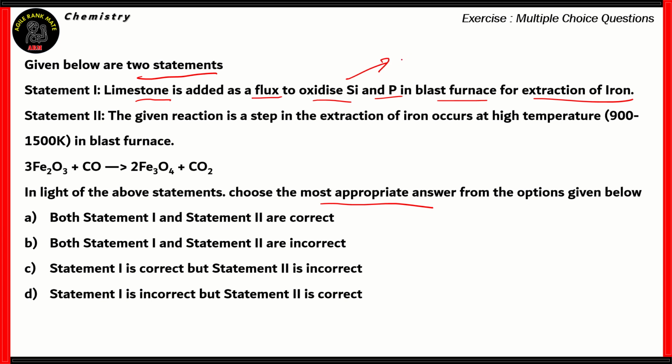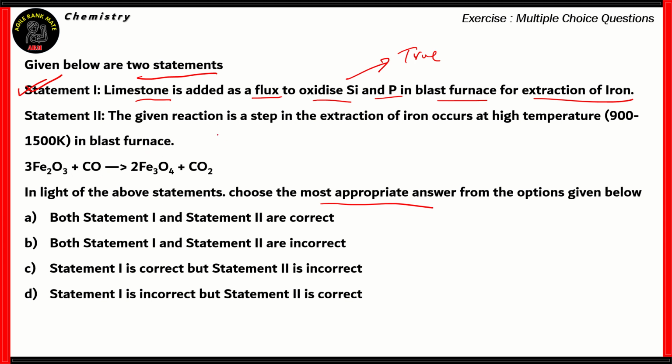So this is a true statement because limestone is added and it's oxidized to form calcium oxide, and in that process silicon and phosphorus, which are impurities in iron ore, are removed. So statement 1 is a true statement.